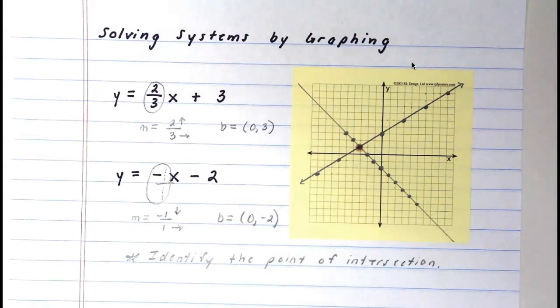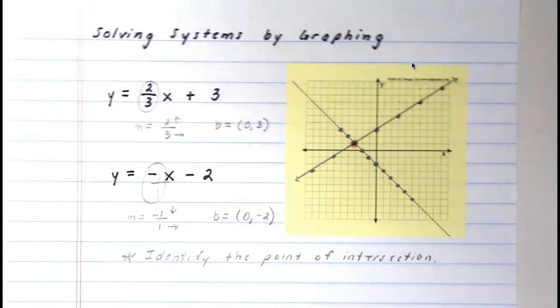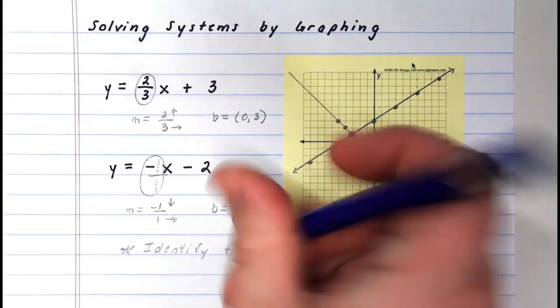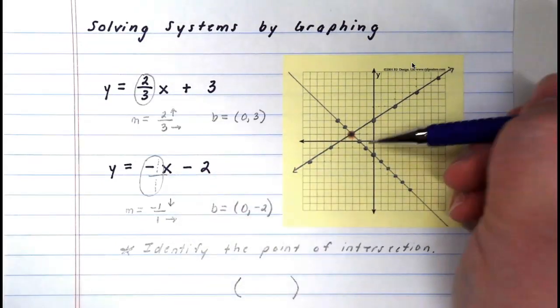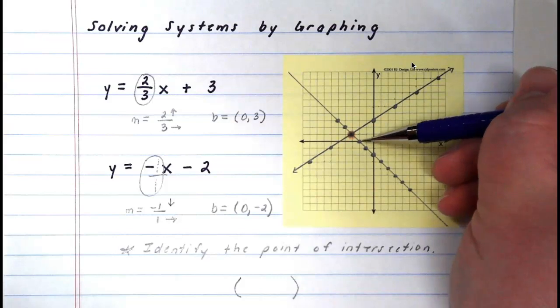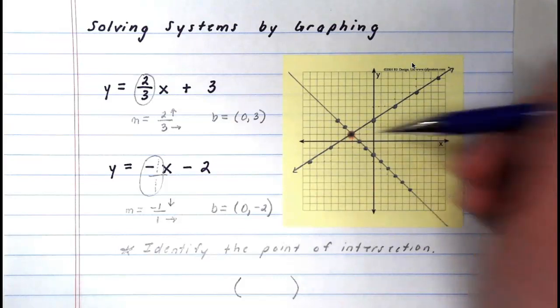So we just need to find the location of that point and write it as an ordered pair. It's always proper to write it in ordered pair notation. So this is going to be -1, 2, 3, and up 1.